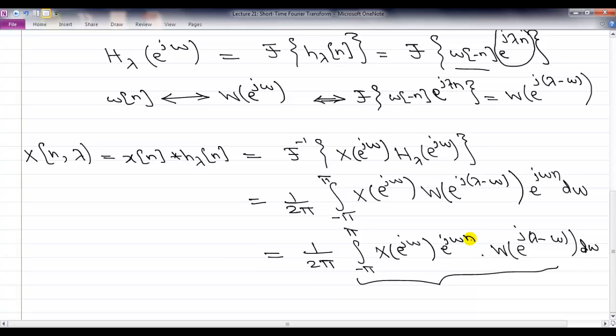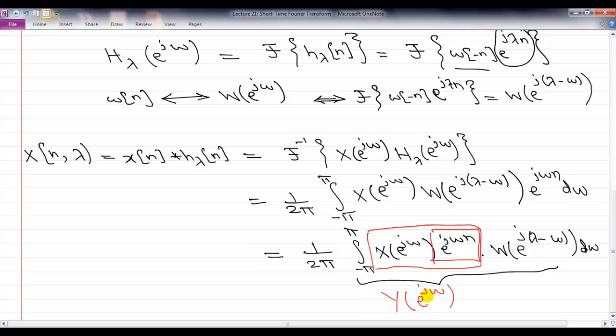So let's assume that this e to the j omega n was not there. For a fixed n, this e to the j omega n is nothing but just a scalar quantity for each value of little omega. For the time being, let's say that this is my entire sum function. Let's call this Y(e^{j omega}). For fixed n, this is not a function of n.